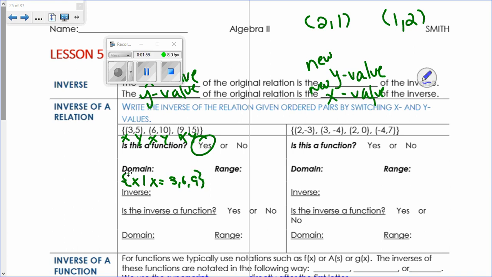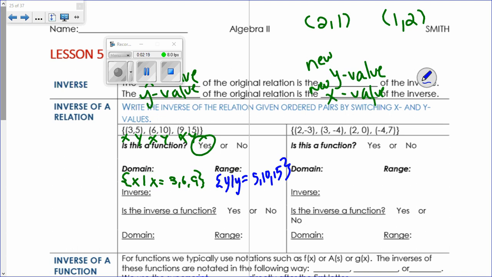For my range, y bar, because we're talking about y values, y equals 5, 10, 15. We don't do curly brackets for graphs because you can't count all those points in between.